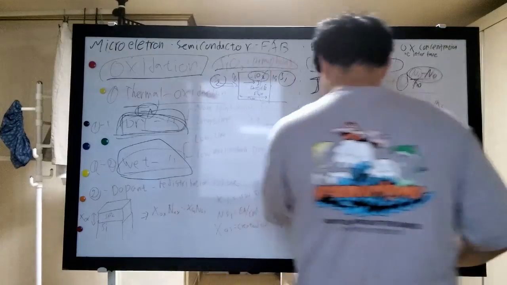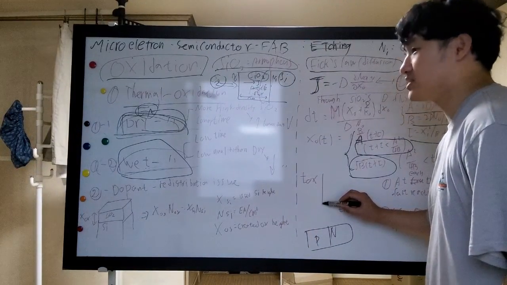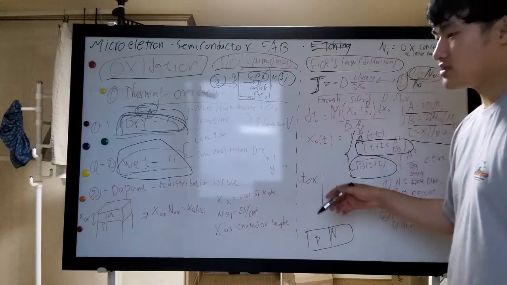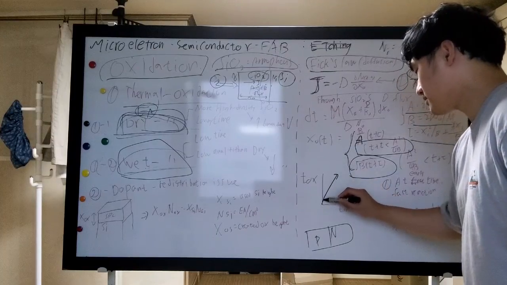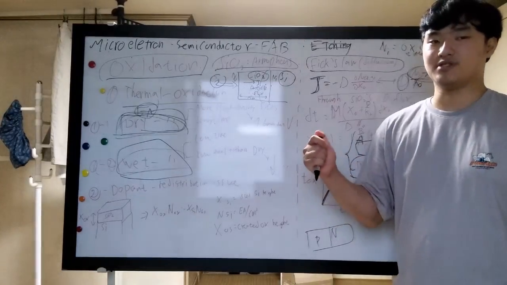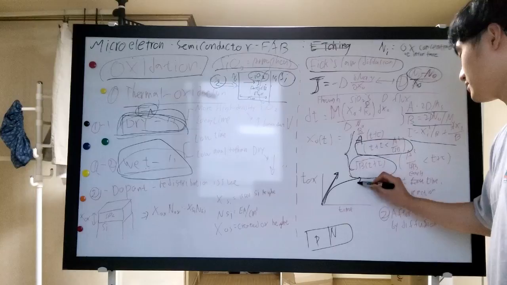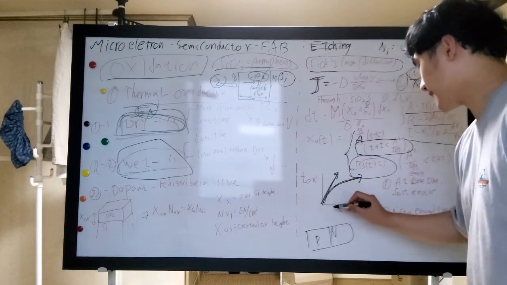So at the first time of starting the injection, the oxidation has a linear reaction process, and after time passes, a somewhat parabolic graph here.